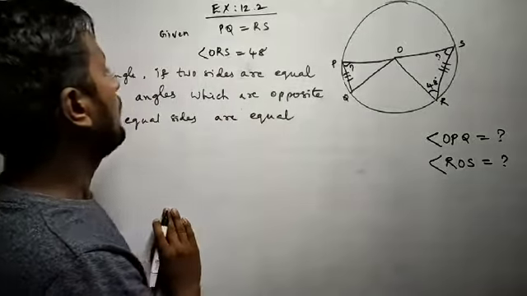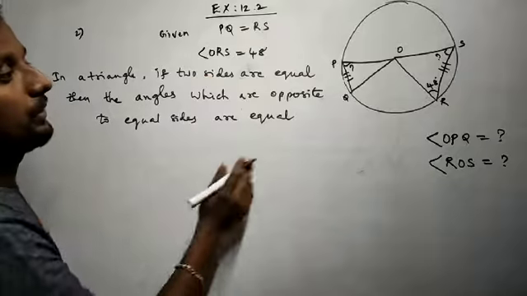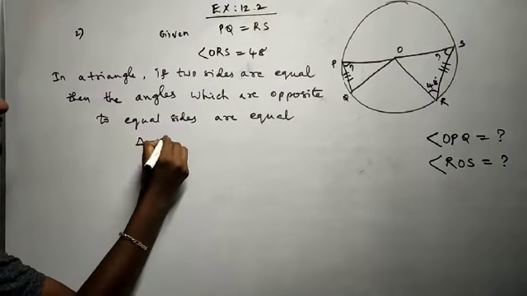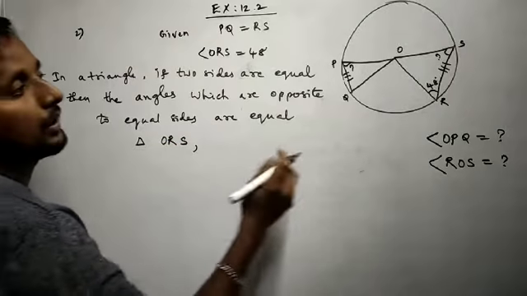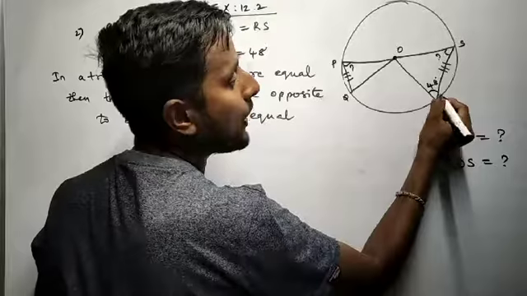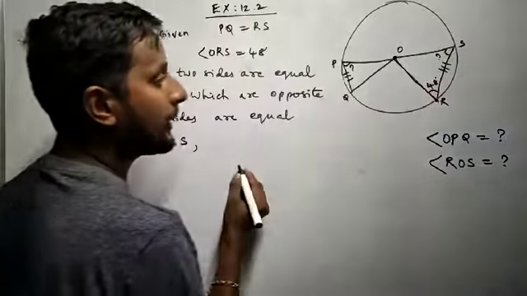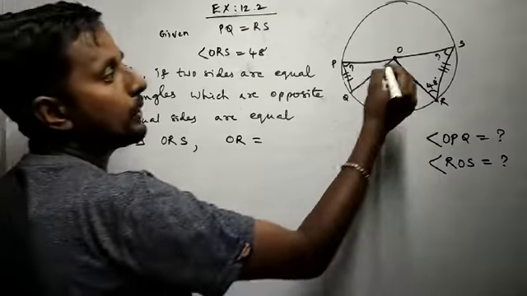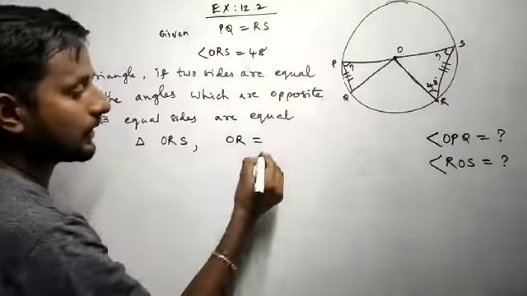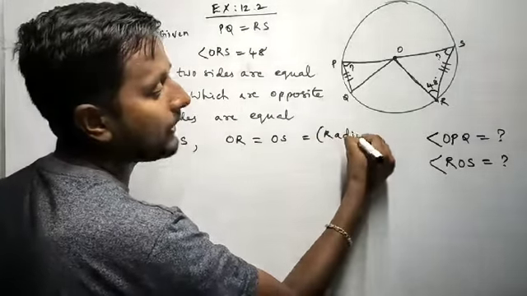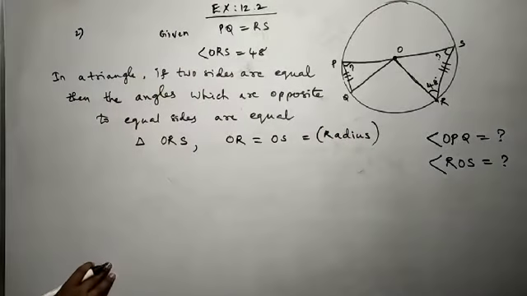Now look at triangle ORS. O is the center, R is a point on the circle, so OR is a radius. O is the center, S is a point on the circle, so OS is also a radius.